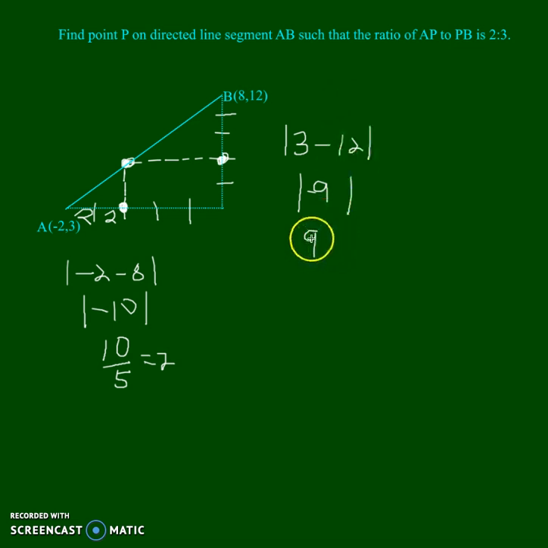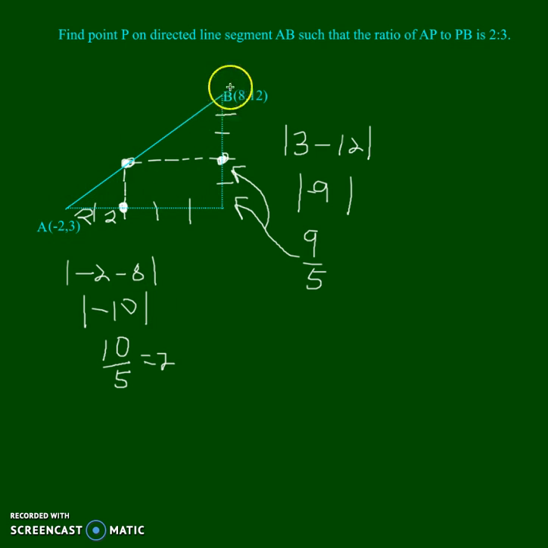So now we divide that 9 by 5 equal pieces. So 9 divided by 5 is 9/5, since that doesn't reduce. So each one of these pieces is 9/5 long. Since this is 9/5 and this is 9/5, all we have to do now is find the coordinate of this point and the coordinate of this point, and those combined will be the coordinates of our point P. So let's start with the x.